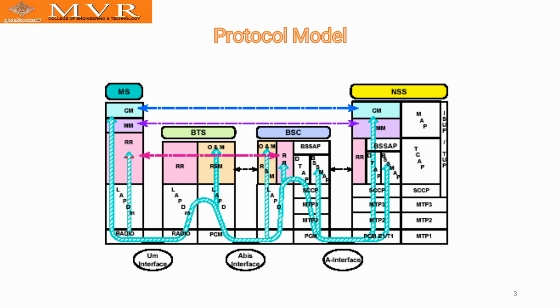These RR are in the channel of LAPDm of radio, and this LAPDm will be connected to the base station. That base station is the data transmission base station, and it connects to the base station controller.